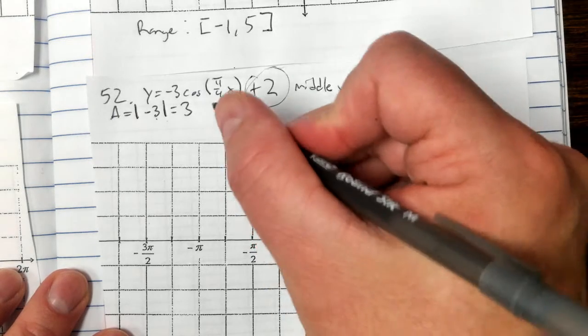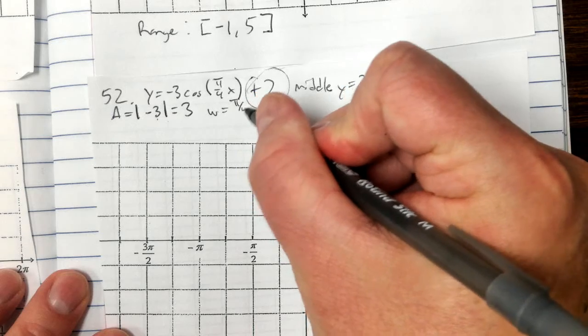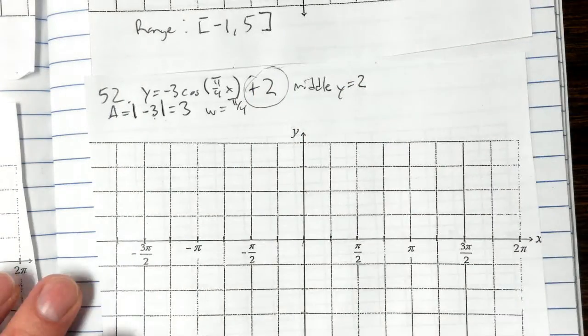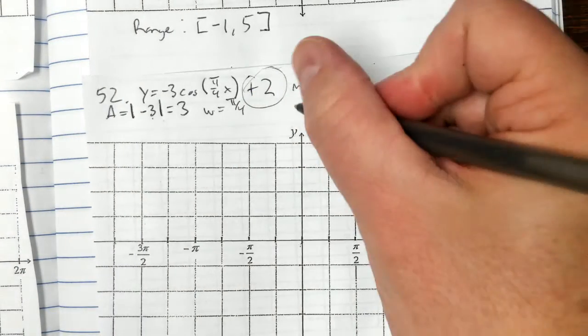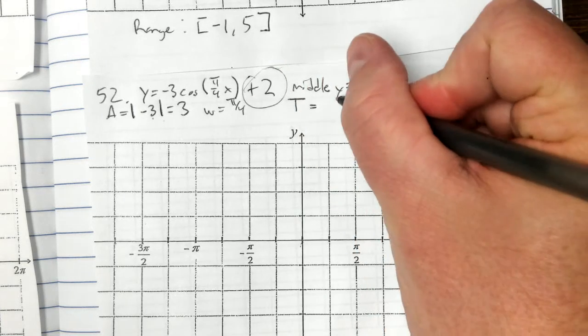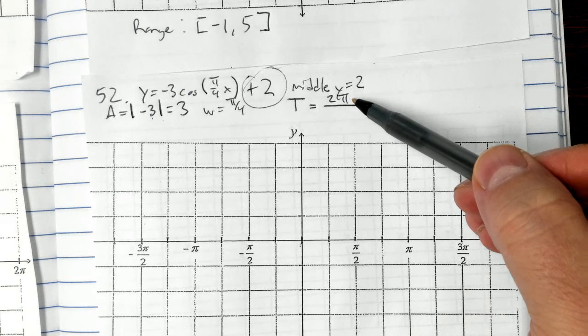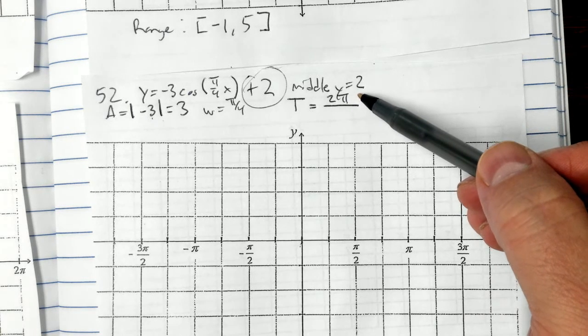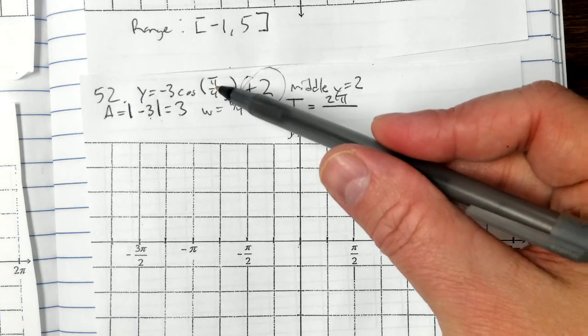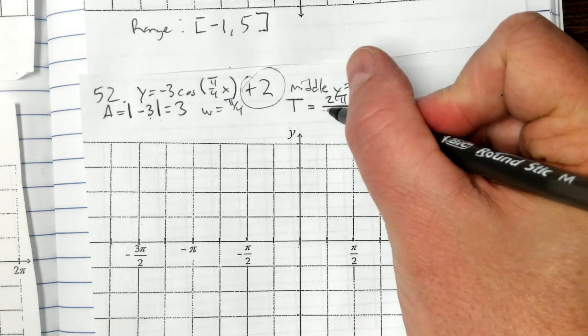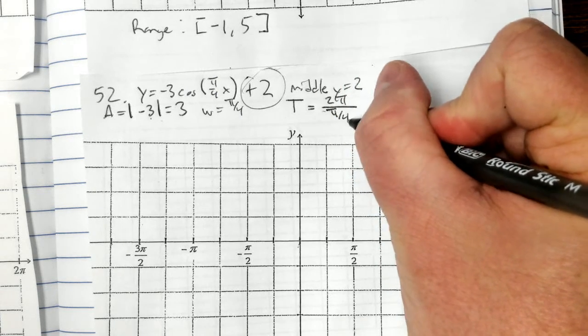We know our w is pi/4, because that's the number in front of x. And then to do our period, we use the normal period, which is 2 pi, except if it's tangent or cotangent, divided by the number in front, which was pi/4.